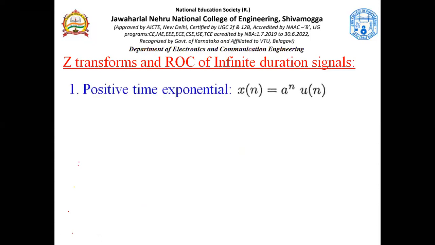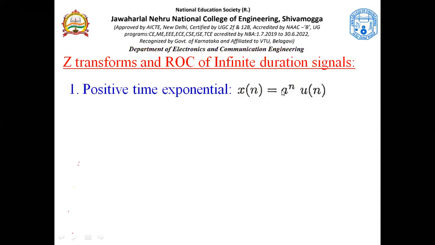So the first standard signals, you can call them standard signals. We were looking at u of n, which is a standard signal. Then we were looking at delta of n, which is a standard signal. Then ramp, we were seeing sinusoidal signals. They're all standard signals, right? So it's a combination of such standard signals, which is positive time exponential. If you just leave this u of n and see this a to the power n, what type of signal is this?